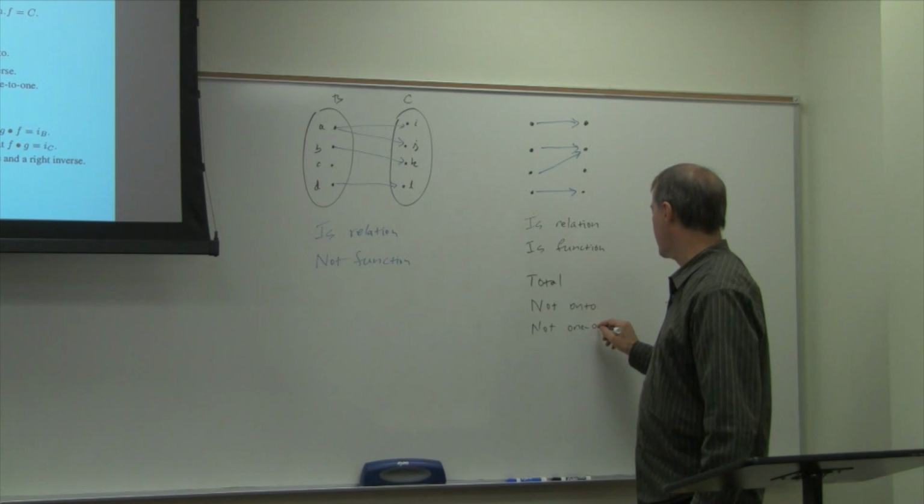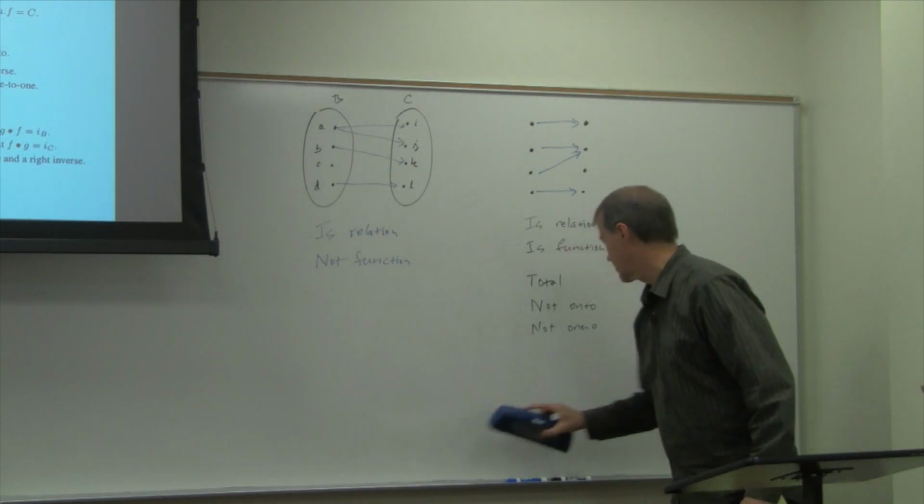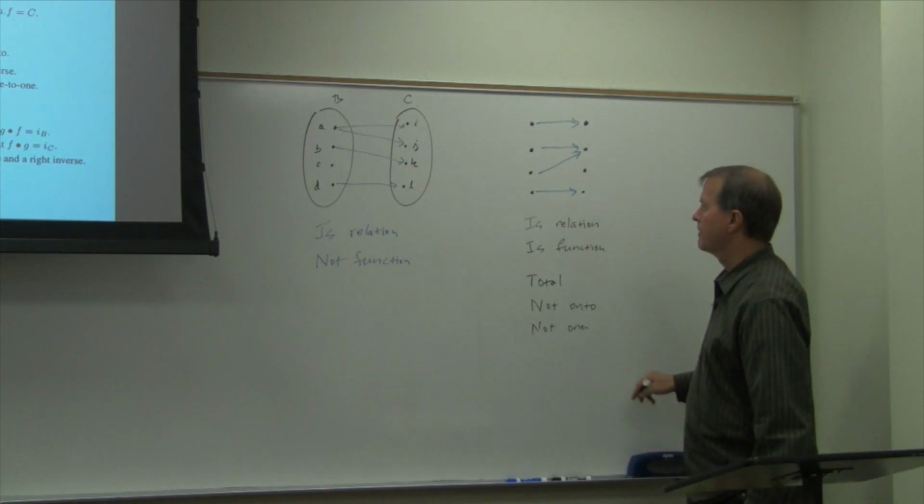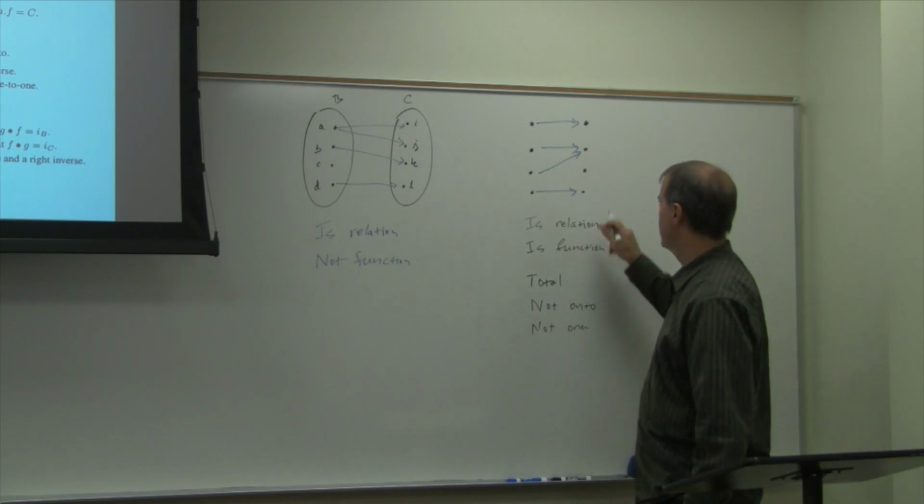Why did you say not one-to-one? Because the J value can go to B or C, because that one dot has two stuff. There you go.